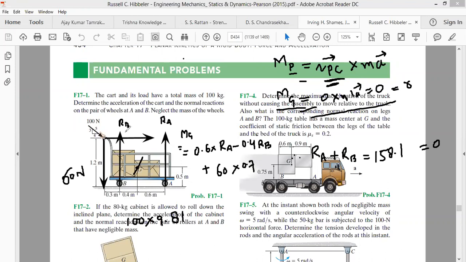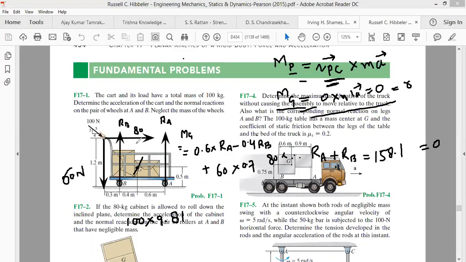And this force that was acting in this direction was equal to 4 by 5 of 100, that is 80 Newton. The moment of this force about the center of gravity will be 80 multiplied by the distance from the center of gravity to this point.